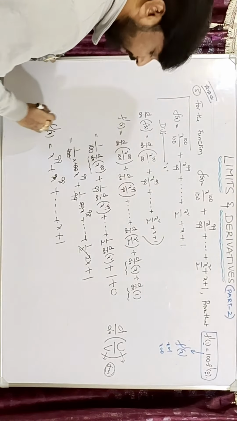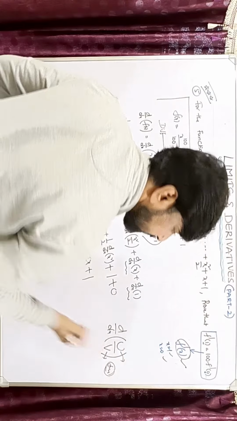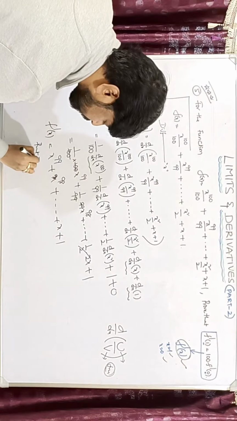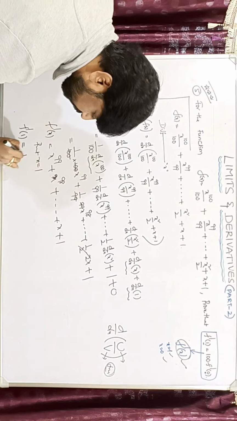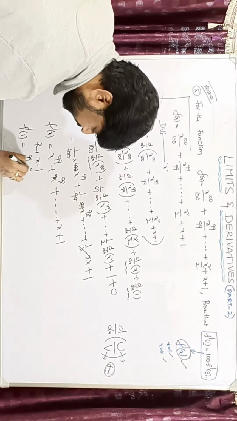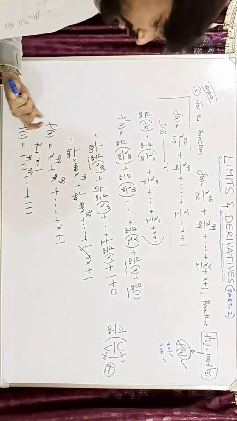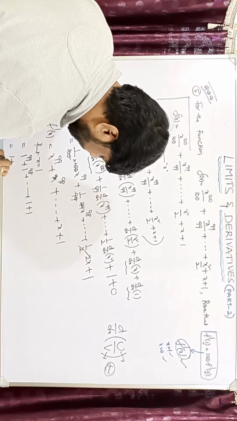Now f dash of x is ready. As per our discussion, now you are going to replace x equal to 1 and x equal to 0. If you take x equal to 1, f dash of 1 is 1 power 99 plus 1 power 98 plus so on plus 1 plus 1. Now how many ones are there? 1 power 99 is 1 only, 1 power 98 is 1 only.